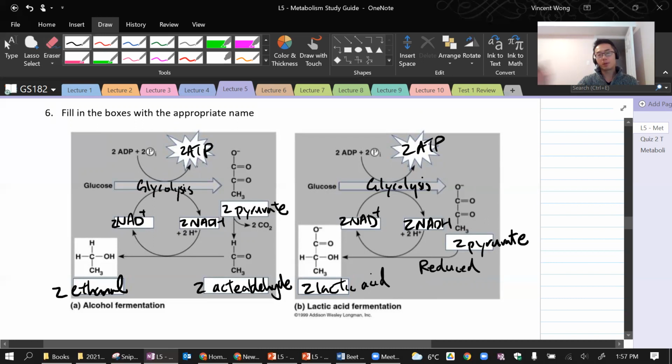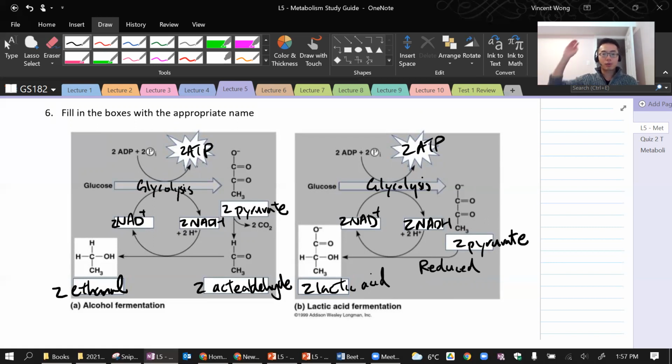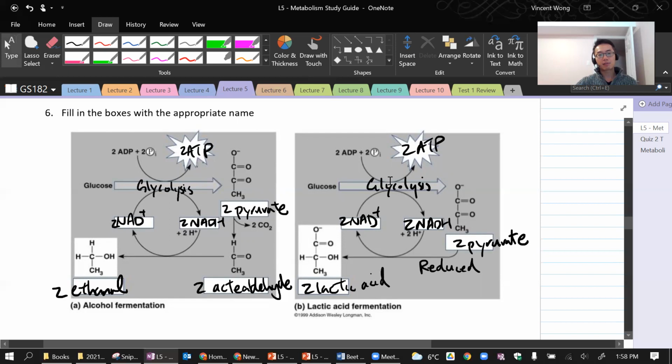And so think about a full sprint, running super fast. It has been 2 minutes already, your legs are about to give up, you almost can't do it anymore, right? Because you don't have enough oxygen. But this process, the lactic acid fermentation, will allow you to go an extra maybe 10 or 20 seconds.